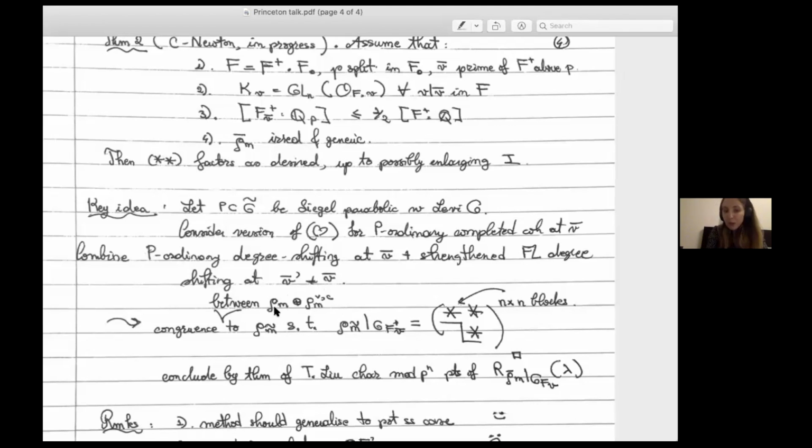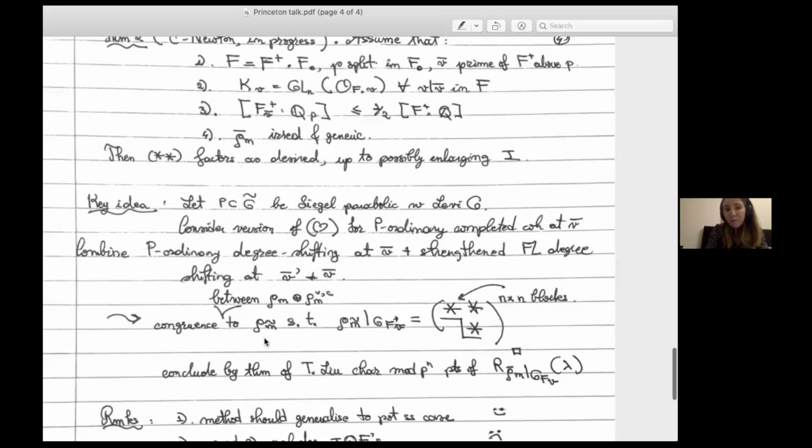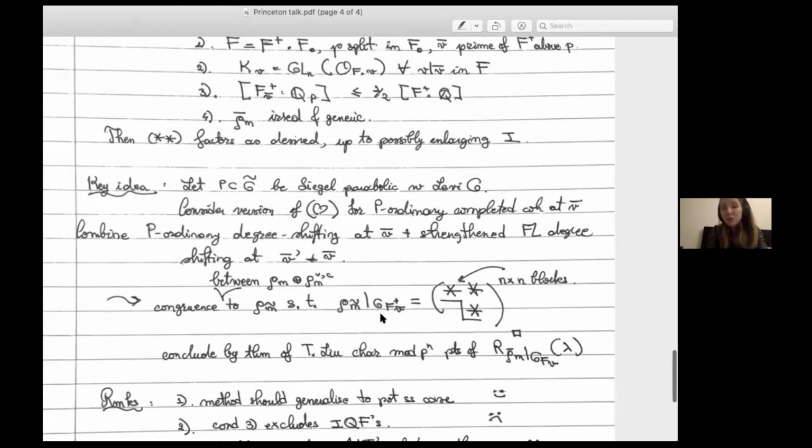The problem is you cannot guarantee that there is a global lift like this. But what this P-ordinary idea does is it allows you to construct a congruence between something like this and some global representation which, at least after you restrict to the decomposition group at the prime you're interested in, looks block upper triangular.